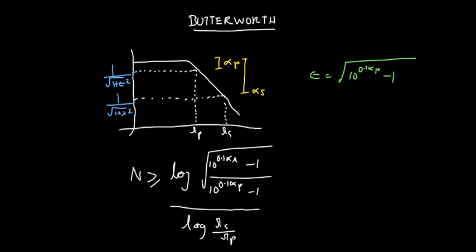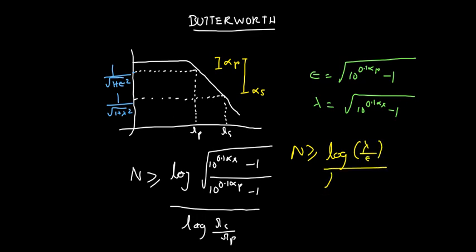Similarly, lambda is equal to square root of 10 power 0.1 alpha s minus 1. So the formula transforms to n greater than or equal to log of lambda by epsilon divided by log of omega s by omega p.